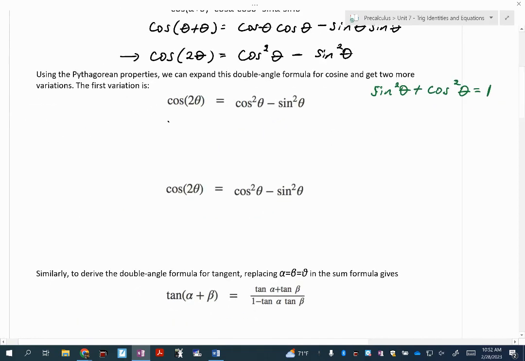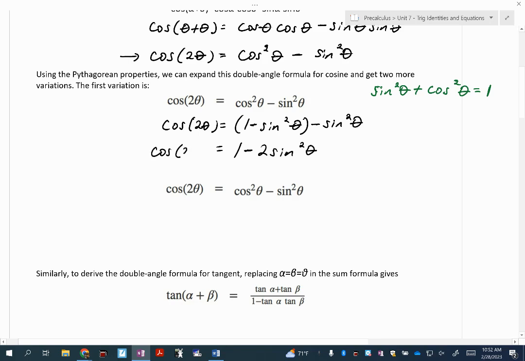I'm going to first manipulate the cosine squared. Cosine squared is the same as 1 minus sine squared. So this becomes 1 minus sine squared theta, minus sine squared theta. If we take the parentheses off, we have 2 of the opposite of sine squared theta, so that's equal to 1 minus 2 times sine squared theta.